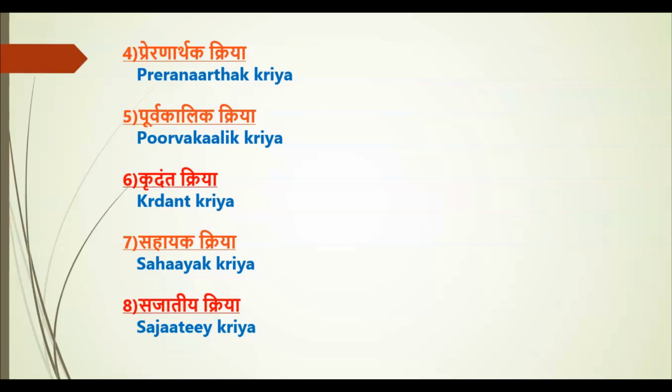The fifth kriya here is पूर्वकालिक क्रिया. The sixth kriya here is kridanta kriya. The seventh kriya here is sahayak kriya. The eighth type of kriya here is sajatiya kriya.